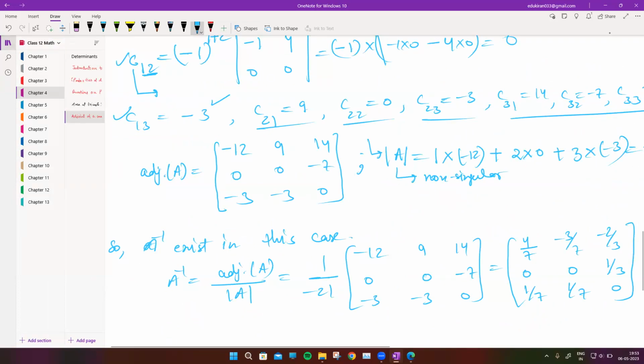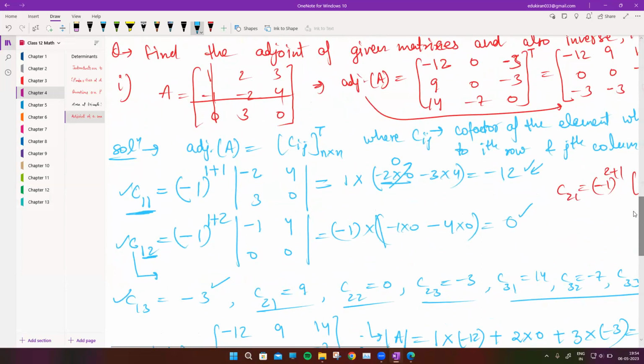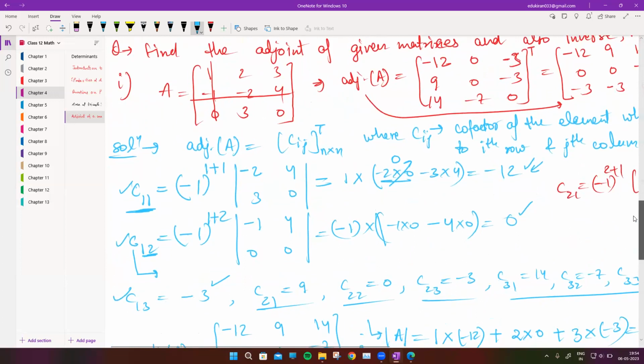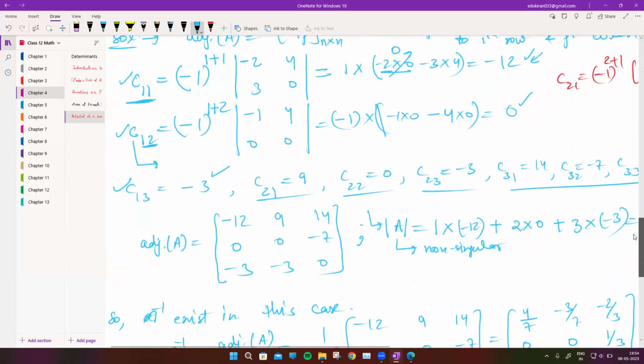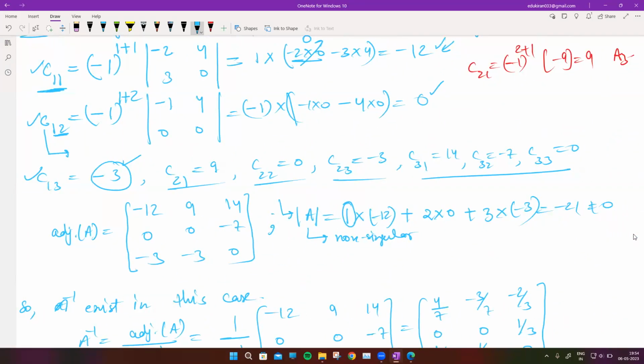I took 1, 2, 3, the first row, and multiplied by the corresponding cofactors. The first element 1 multiplied with C11, which is -12. The second element 2 multiplied with its cofactor 0. The third element 3 multiplied with its cofactor -3. Then find the value: -21 came.